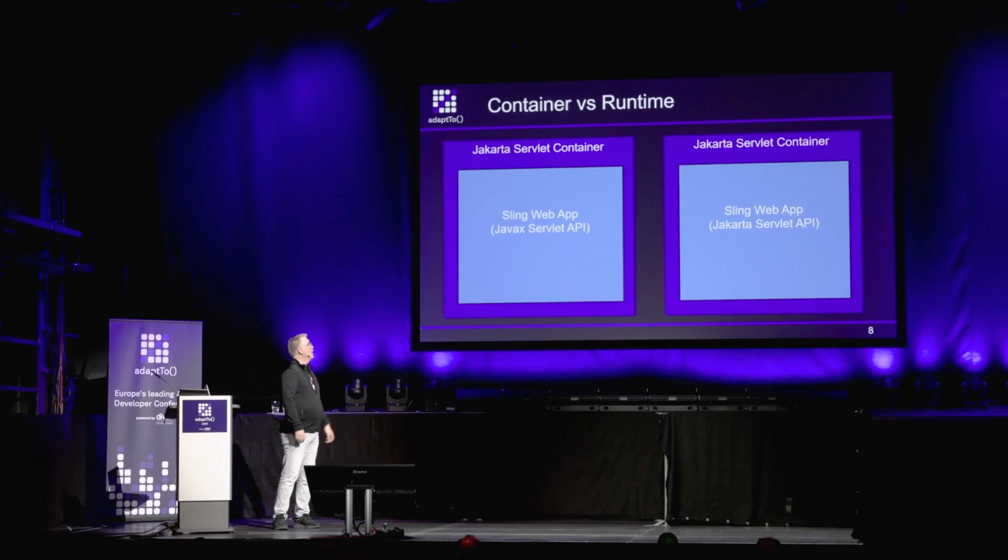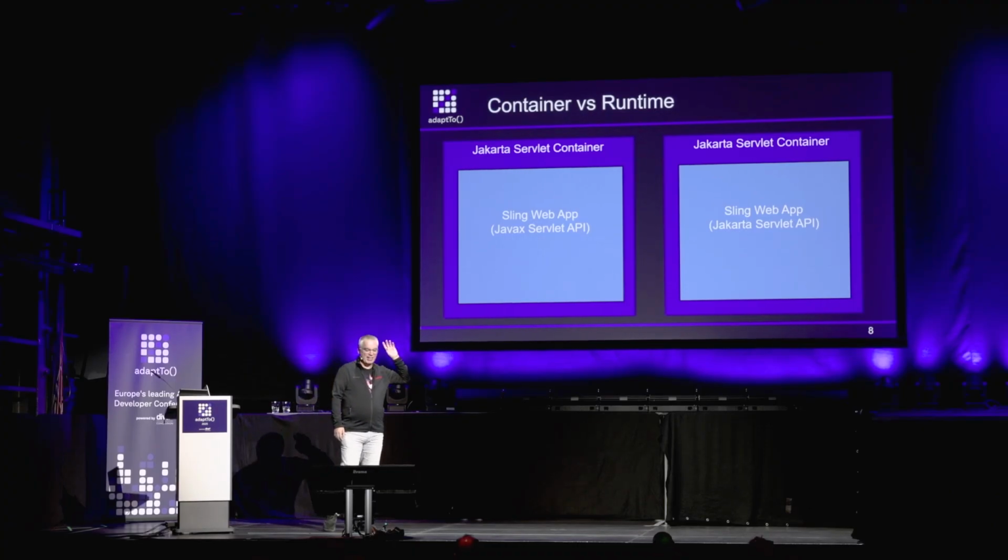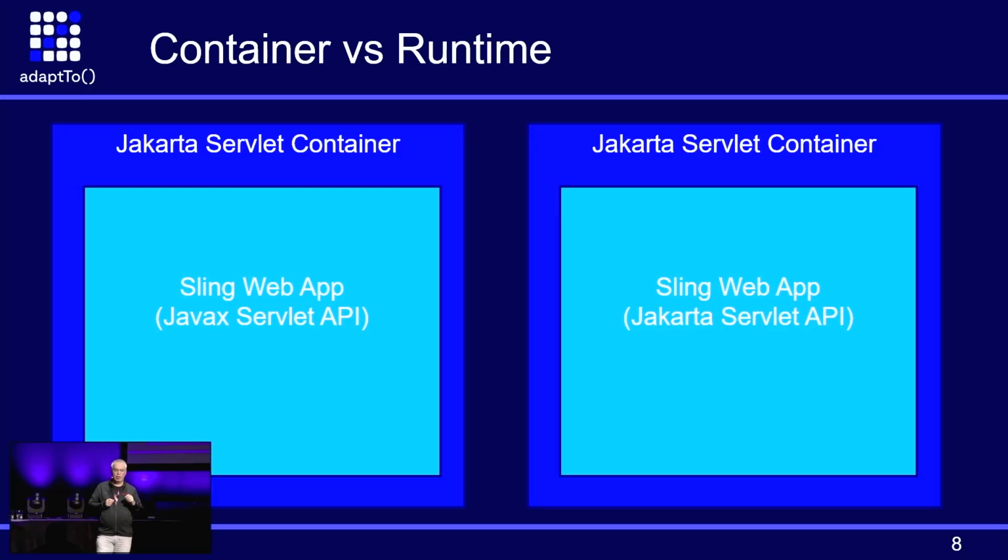Now, this nice diagram took me a lot of time to create. It shows the two different flavors of where this Servlet API plays a role. One on the left is the API that the Servlet container is providing you. So it might be Jetty, Tomcat, or any commercial solution, right?